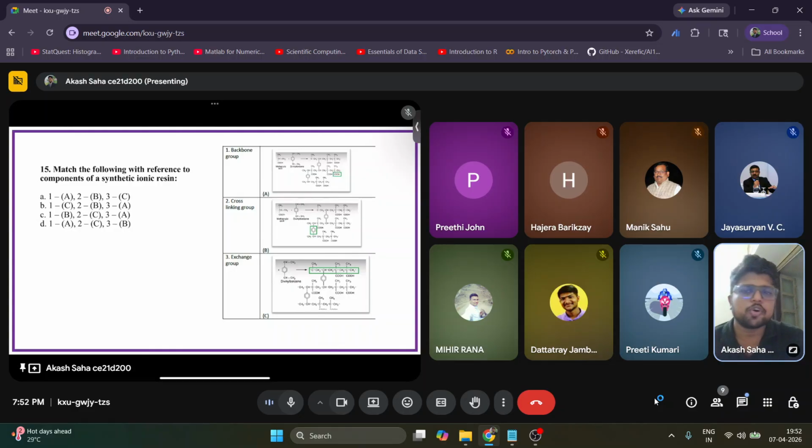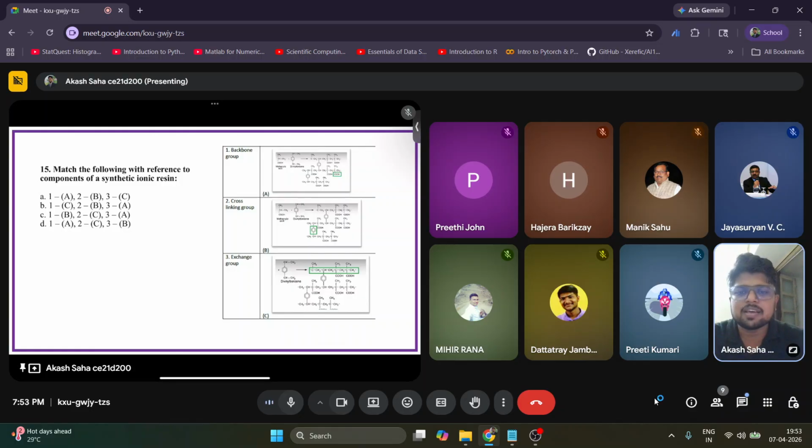Even if you have not studied, it will be easier, because the name alone can give you the answer. Backbone group means there should be a long chain that provides the base, or the backbone, to the structure. So definitely the third option, where we can see a long chain of carbon, will be the backbone group.